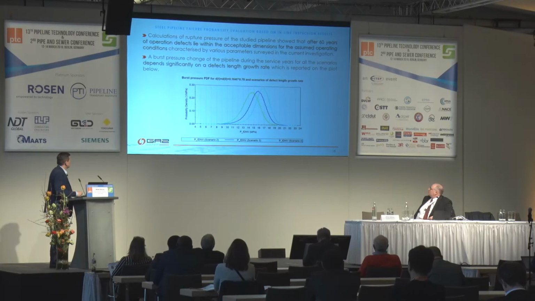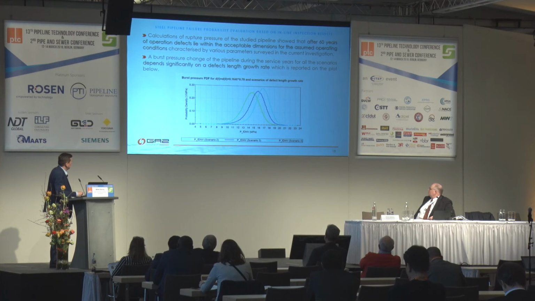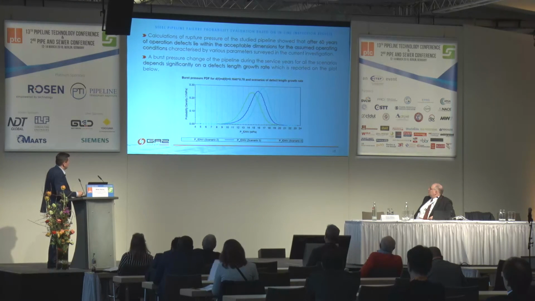And for scenario 2, the mean value of the burst pressure is about 13.5, and for scenario 3, the mean value is 13.5, and for no defect grow length, also 0 defect grow length in axial direction, is the biggest value, also circa 16 megapascal.